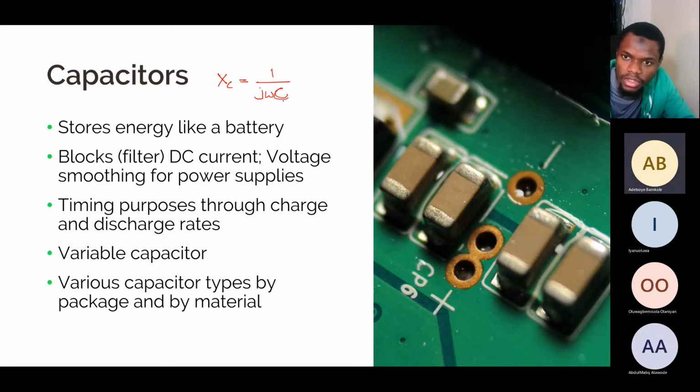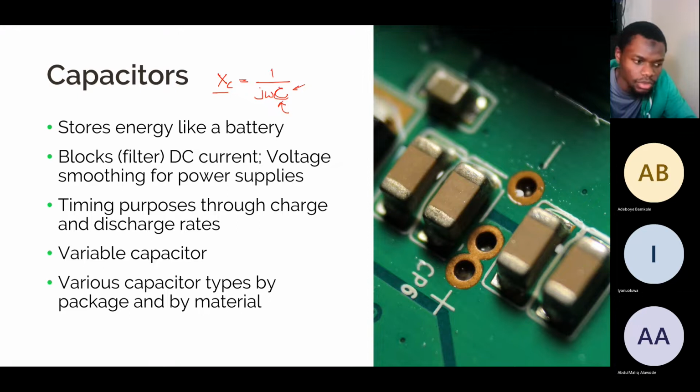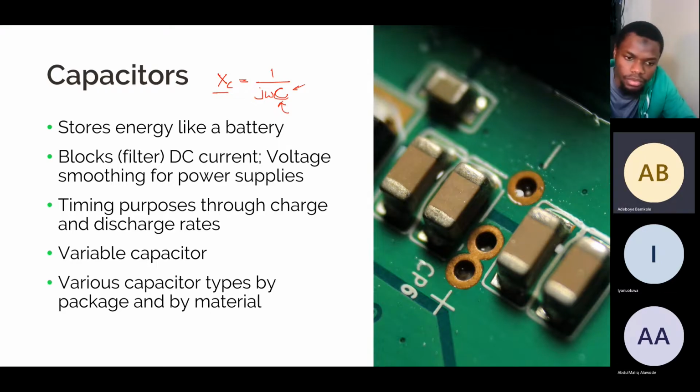So if you increase the capacitance of a capacitor, you reduce the total impedance, and if you reduce the capacitance, you increase the total impedance. Those are some of the things variable capacitors give you. This finds application in some really interesting fields, and there's some really cool stuff you can do with variable capacitors as well.